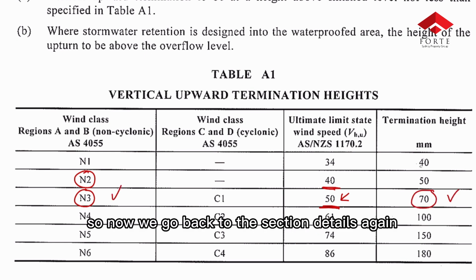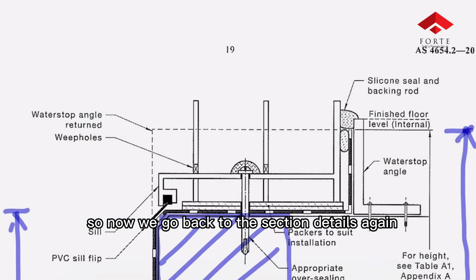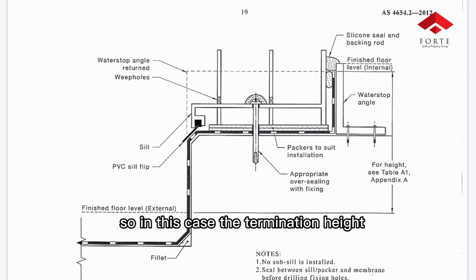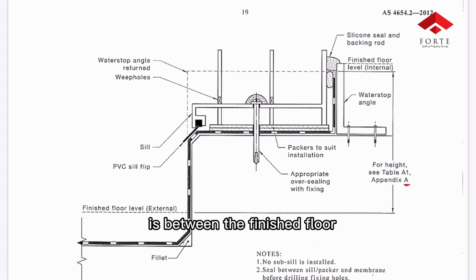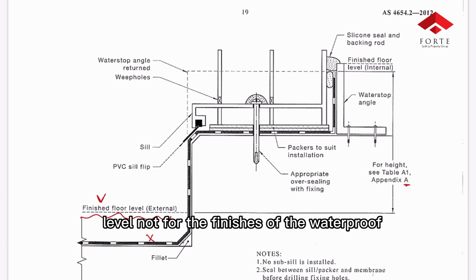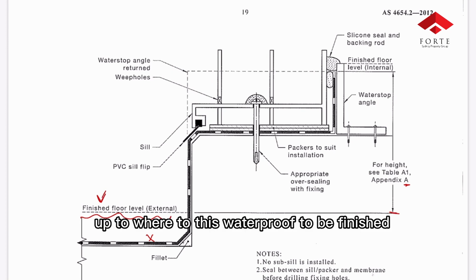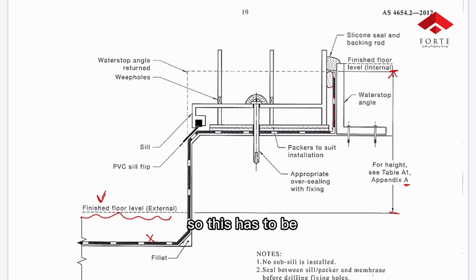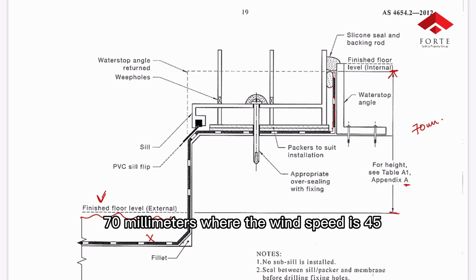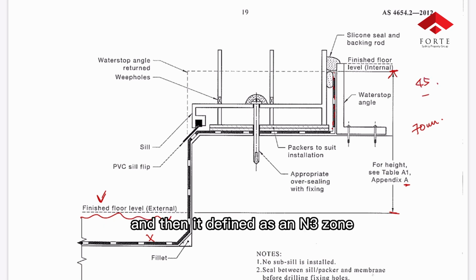So termination height has to be 70 millimeters. Now we go back to the section details again. In this case, the termination height is measured from the finished floor level, not the finish of the waterproof. So the calculation is from the finished floor level up to where the waterproof finishes. This has to be 70 millimeters where the wind speed is 45 and it is defined as N3 zone.